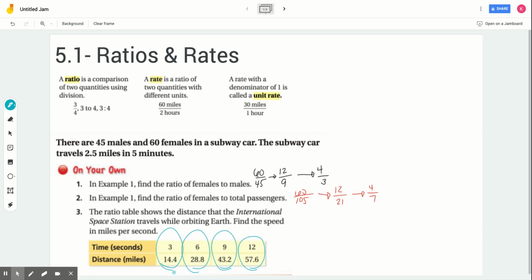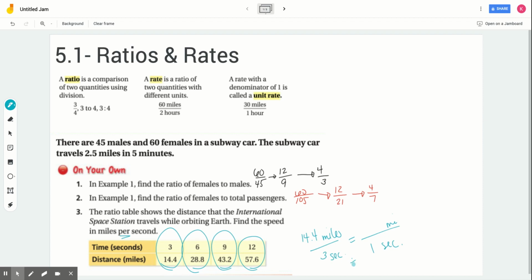So I'm going to start here with 14.4 divided by 3. So 14.4 miles for 3 seconds is going to be equal to how many miles for 1 second?